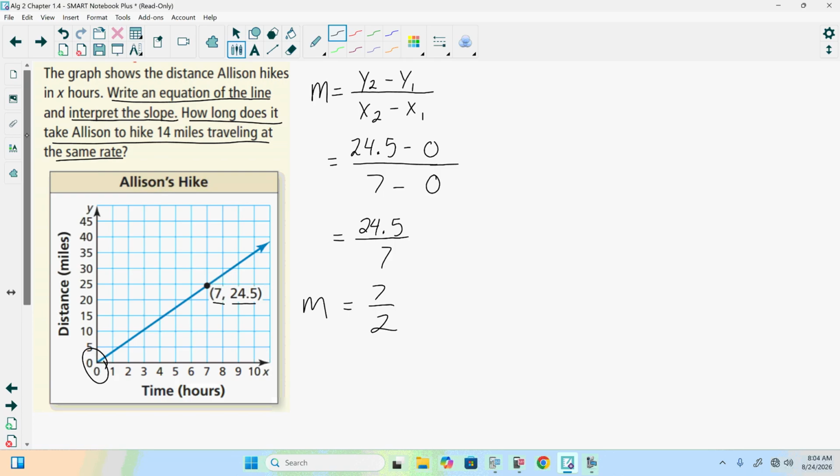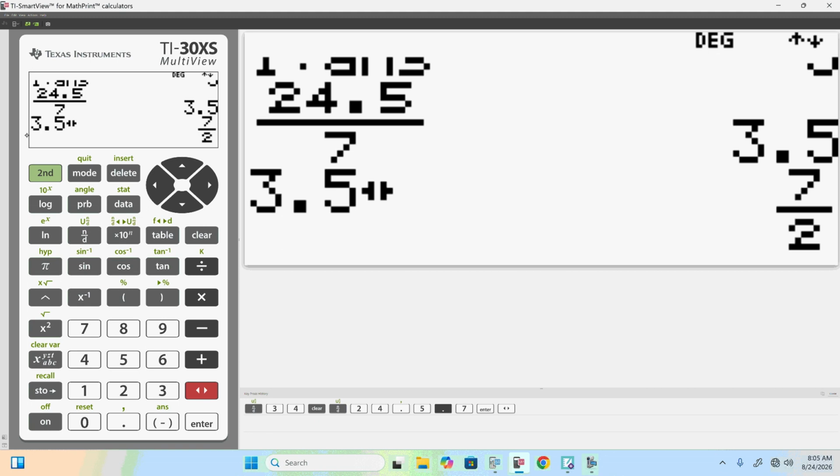So when we plug it in, the 7 on bottom, we need the 7 on bottom because we're saying it's 24.5 divided by 7. Interestingly enough, 24.5 divided by 7 is 3.5. As a mixed or an improper fraction, it ends up being 7/2. So it feels like the 7 jumps from the bottom to the top, but it really doesn't.